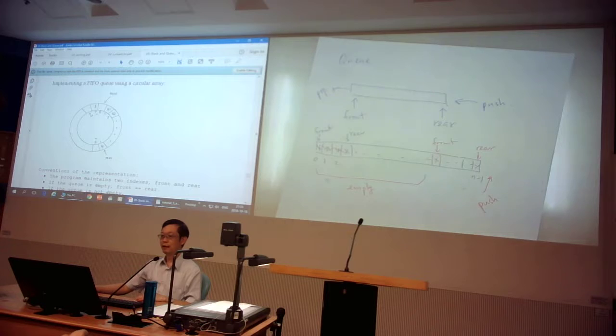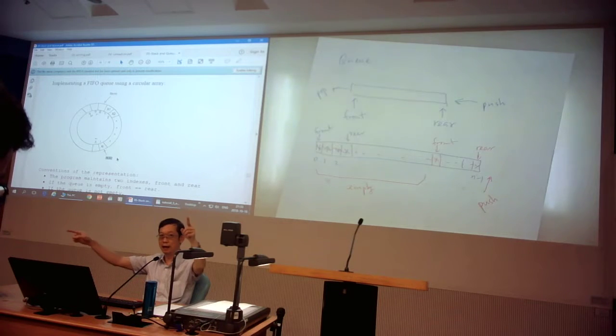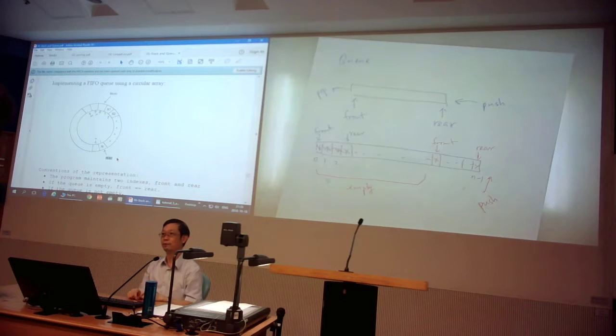Now, in the queue, we maintain two indexes, front and rear, that refer to the first element and the last element. Now, when we have a circular structure, we assign a value to the index.